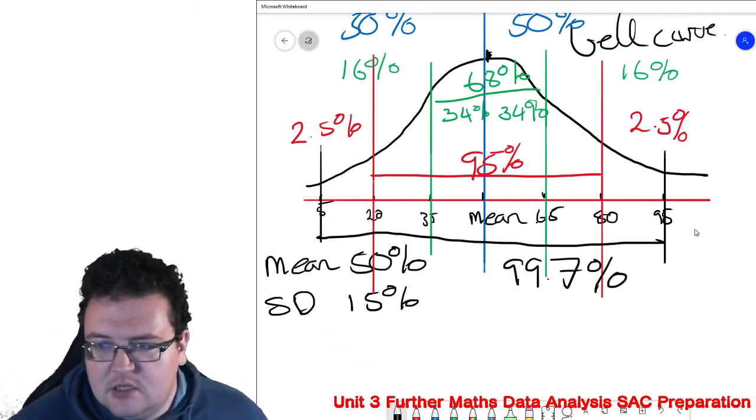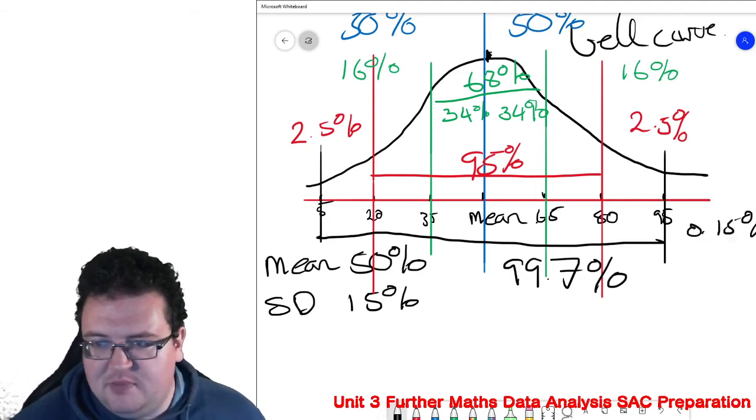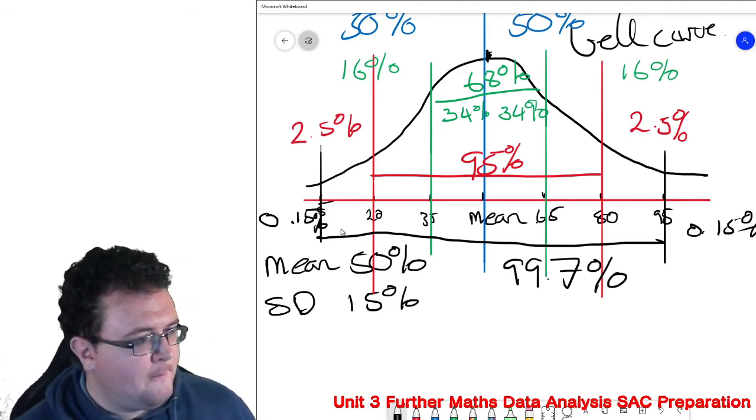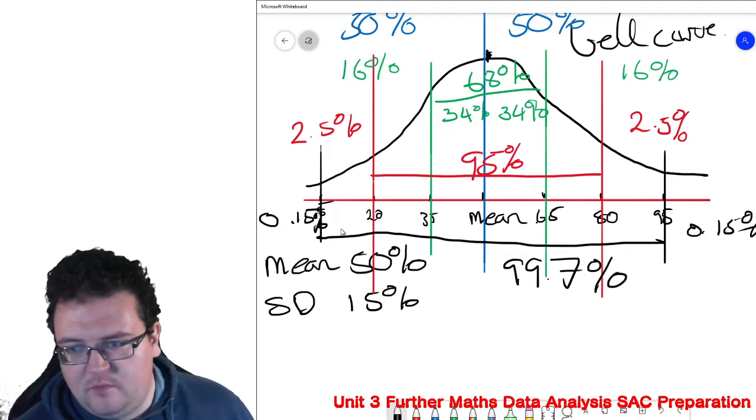That means 0.15% should be there and 0.15% should be there. In an ideal world, that's what should happen.